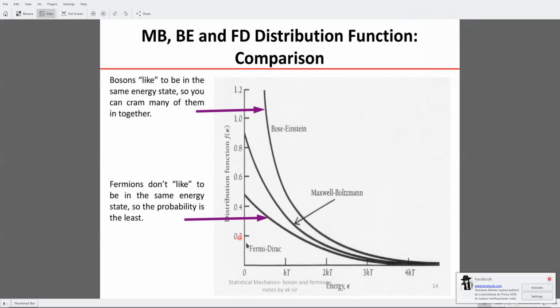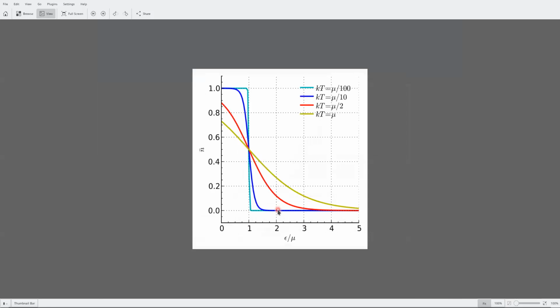Maxwell-Boltzmann a little less, and Fermi-Dirac, as I say, doesn't like to be in the same energy state, so probably is the least, and tries to fill more here. Usually here it's when this energy is relatively higher than the Fermi energy, so you don't see the degenerate effect here.